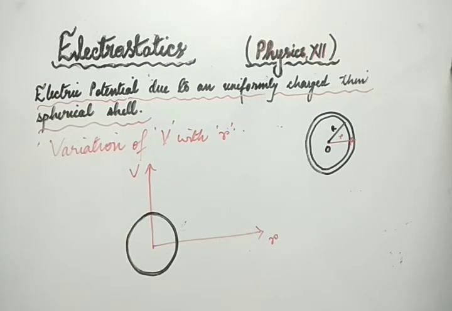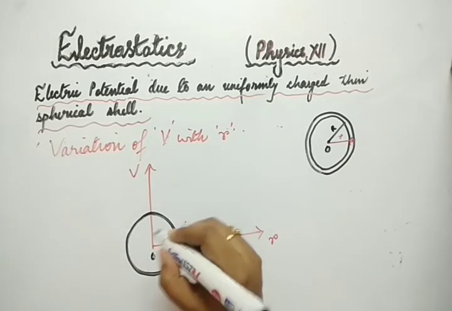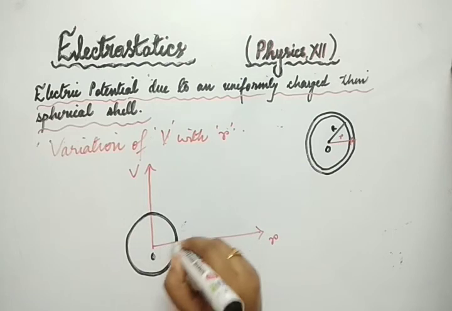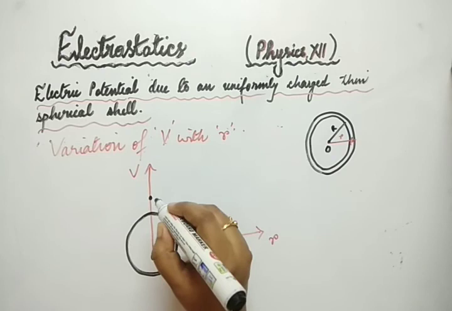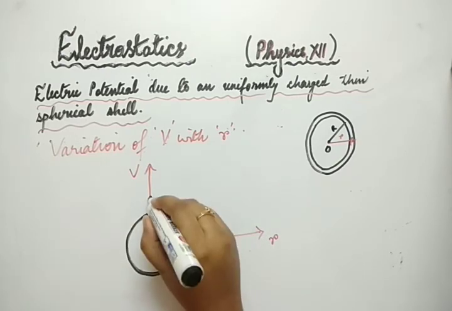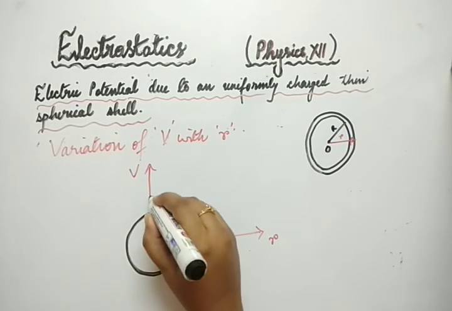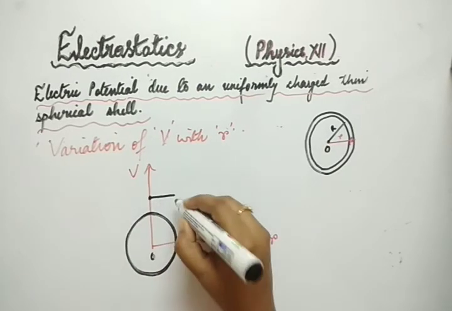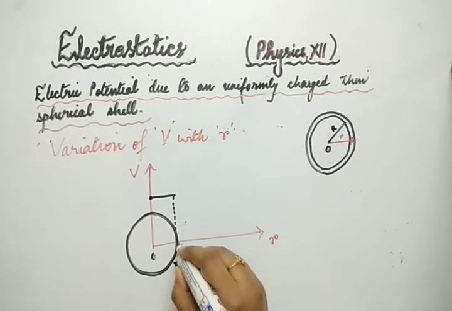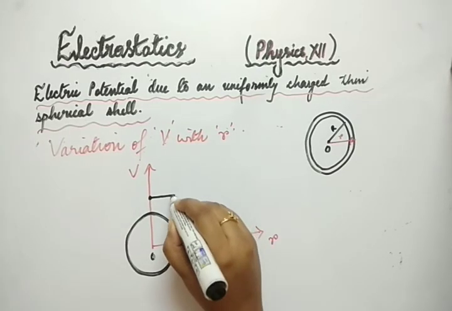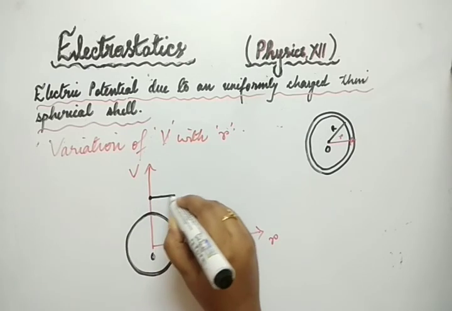So as you can see, if this is our 0 point, your V is the same at all the points, and suppose your V has a value of 1 by 4 pi epsilon naught q by r, somewhere here. This is your surface where r equals R. So till this point V is constant, that is, it will have a fixed value.